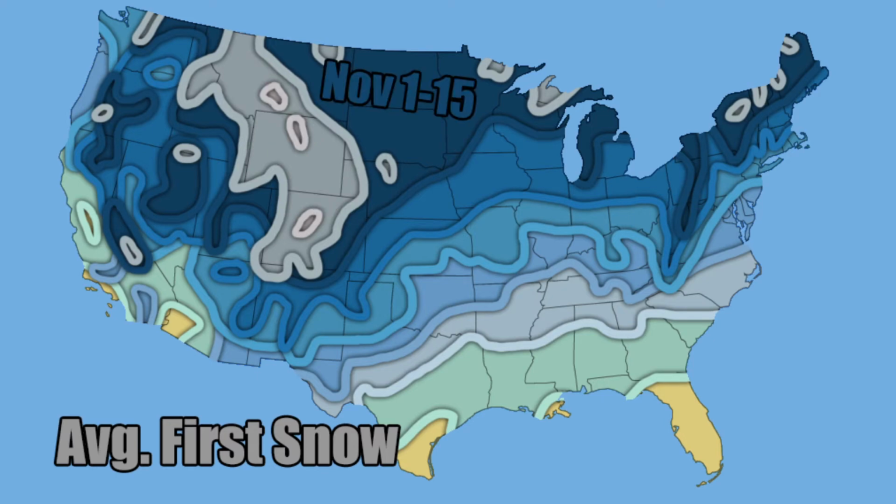Now, in this dark blue region, this is where you expect to see your first snowfall sometime between November 1st and November 15th, and this includes the rest of the Sierra Mountains in California, as well as a mountain chain there in Oregon, and also Northern California, parts of Northeast Nevada, where you have some rolling hills, as well as some mountaintops throughout that region.